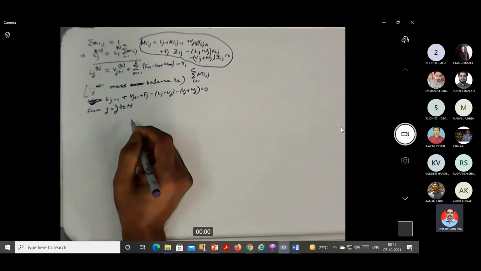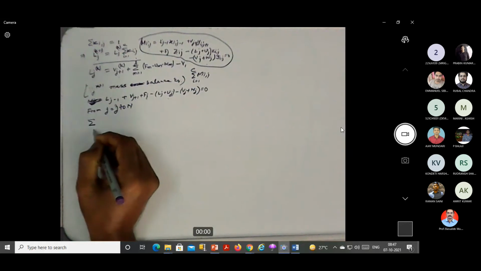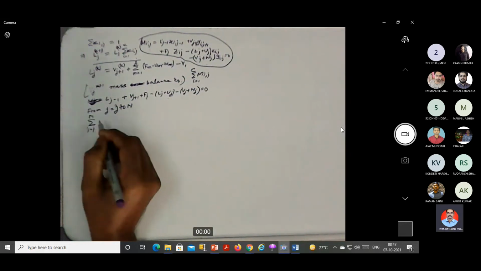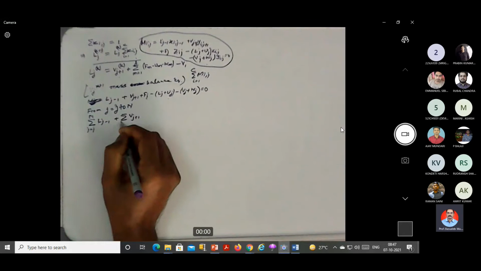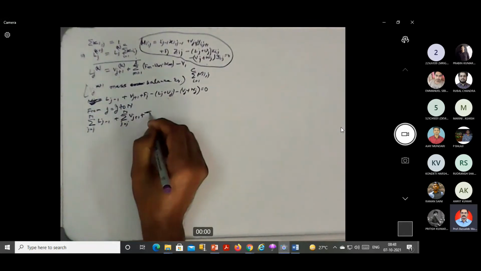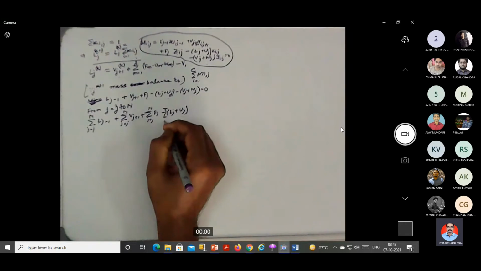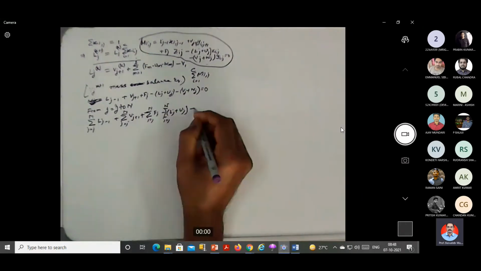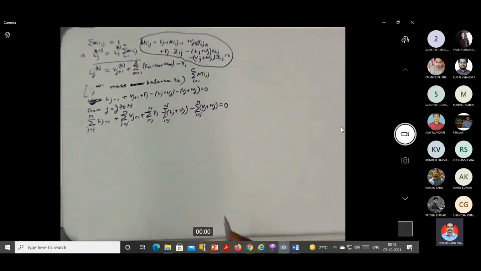So when you do that, we get sigma j equal to j to n Lj minus 1 plus sigma Vj plus 1, j equal to j to n, plus sigma Fj, j equal to j to n, minus sigma j equal to j to n of Lj plus Uj, minus sigma of Vj plus Wj, j equal to j to n, equal to 0, right?